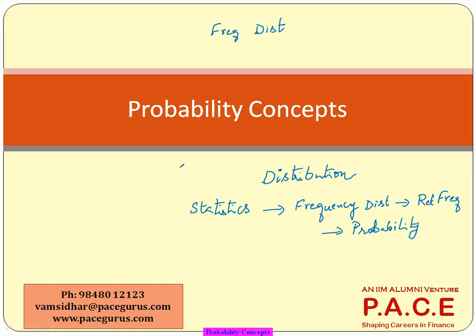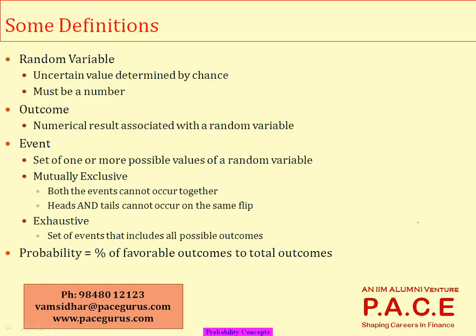We have done a lot of things with respect to the relative frequency distributions. We have found out the mean of the data. We have looked at the standard deviations on the data. All those things will definitely be applicable even to the world of probability, because probability is nothing much different from relative frequency, which is again derived from statistics. With that as a base, we will try to get into understanding the basic concepts of probability.